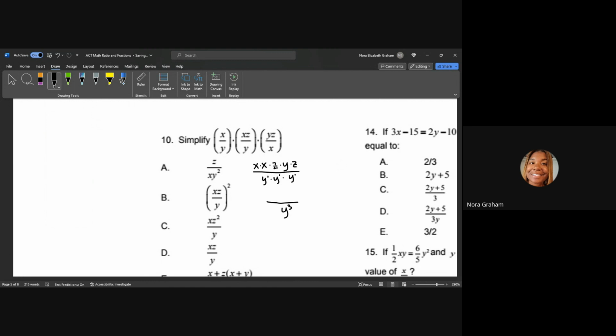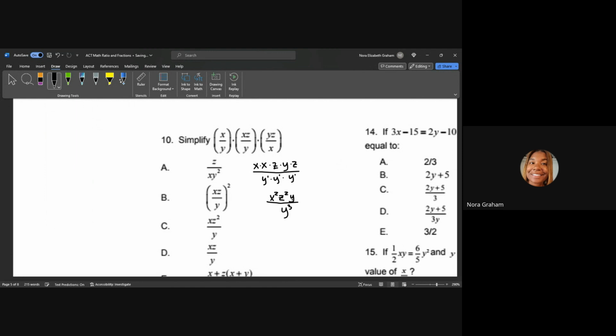Then up top, I combine my like terms. x times x is going to give me x squared, because when I multiply two like bases, I add their exponents. And the z, there's two z's here, so that's z squared. And that y, I can't combine it with anything. It just stays as y.